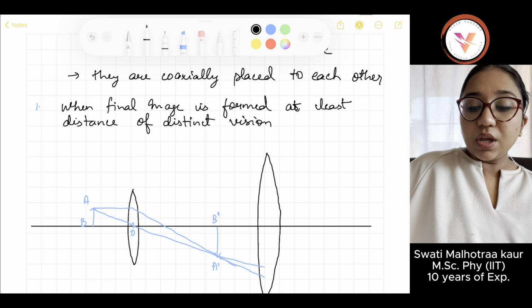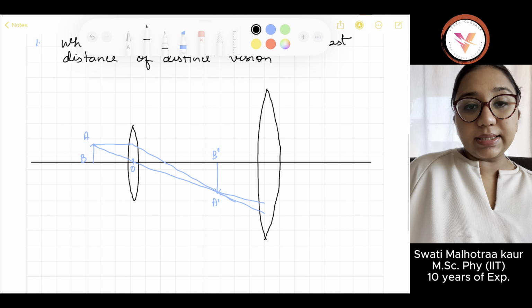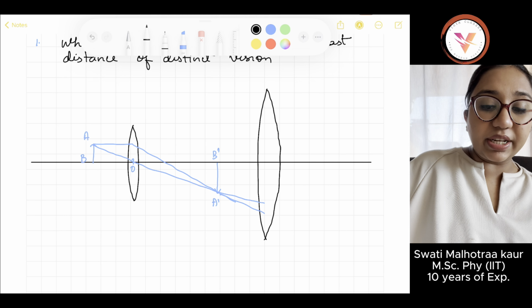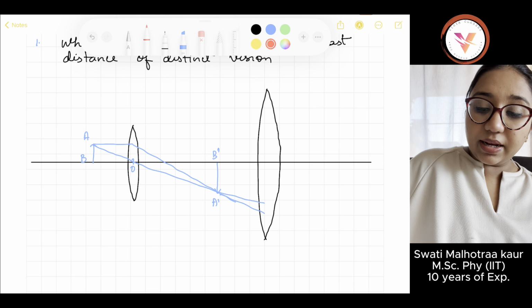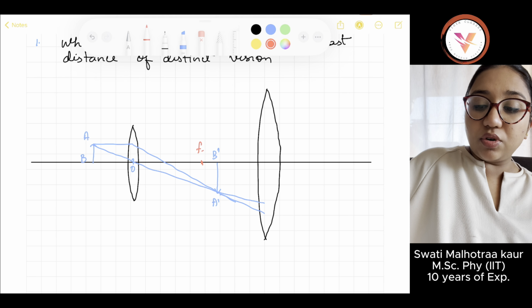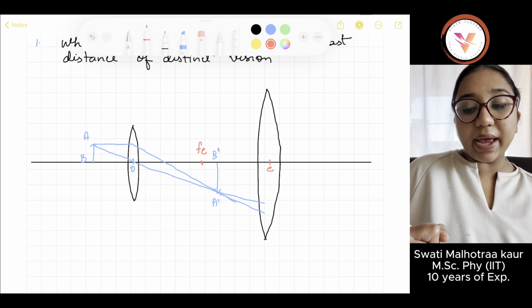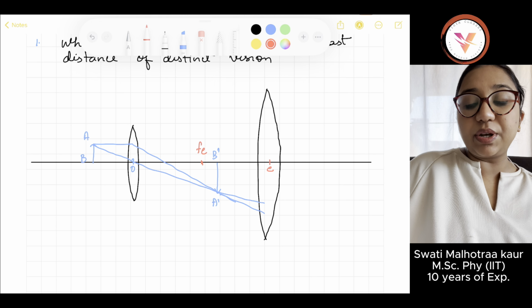So this final image A dash B dash should be formed that it lies beyond the focal length of this eyepiece. Why? Because if this image lies between FE and pole, then it will form a virtual image.